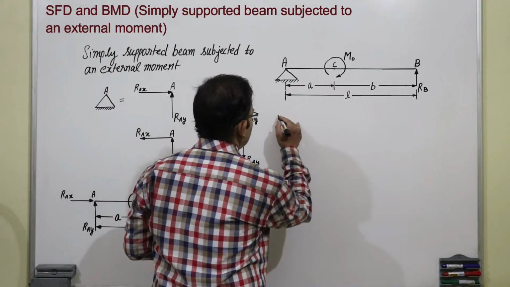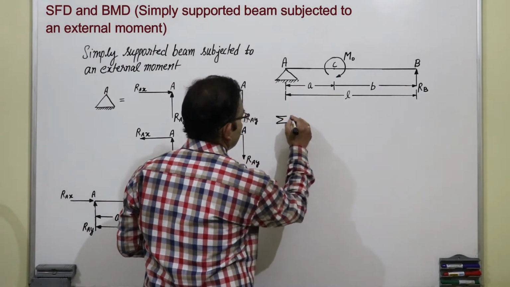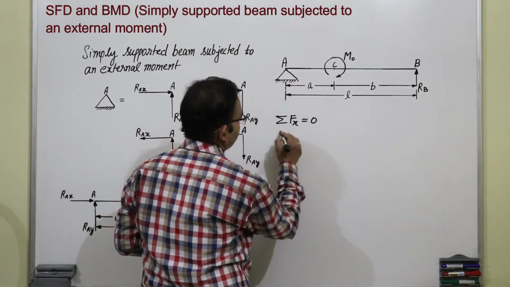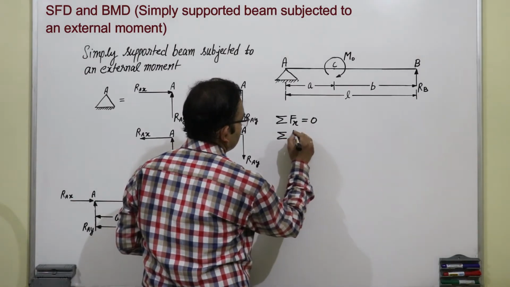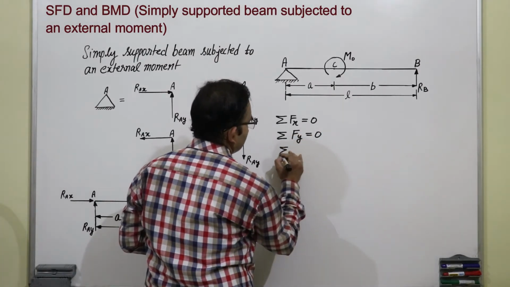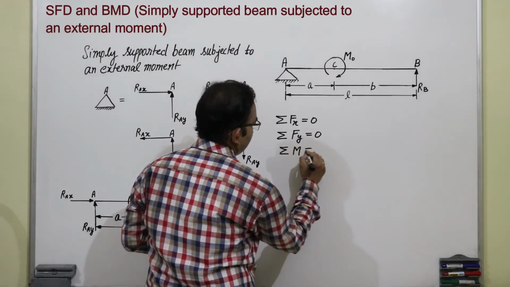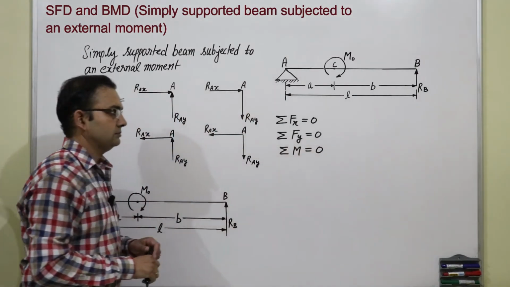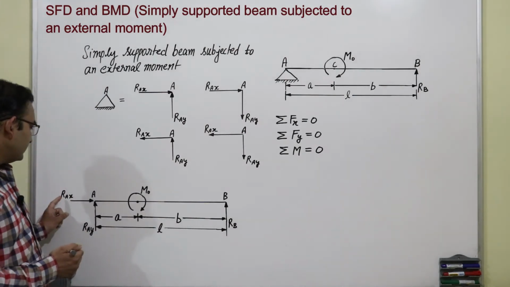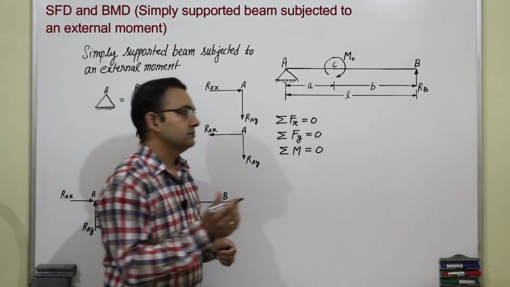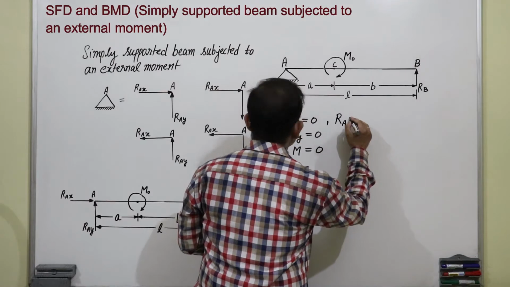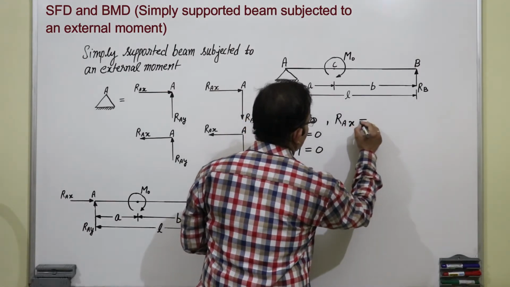We will use the condition of equilibrium. So condition of equilibrium is sum of horizontal force should be equal to 0, sum of vertical force should be equal to 0, and sum of moment should be equal to 0. So horizontal force is only this one, RAX, RAX equal to 0.